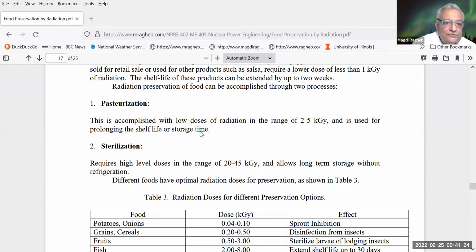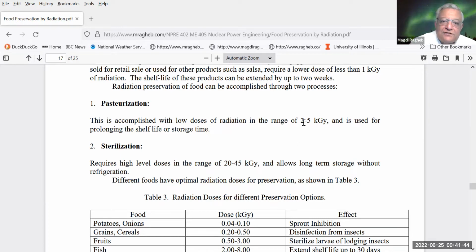If you irradiate food with that low dose, bacterial growth and fungal growth is depressed. You can increase the shelf life without those vegetables or fruits spoiling, maybe in the range of 2 to 3 weeks.